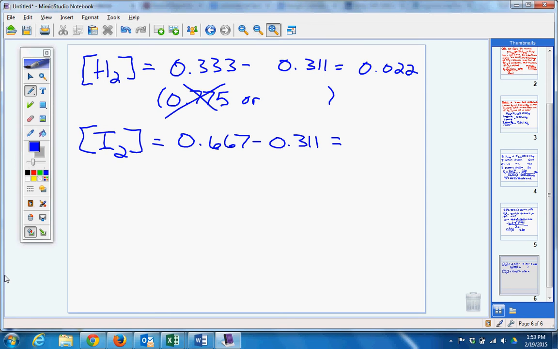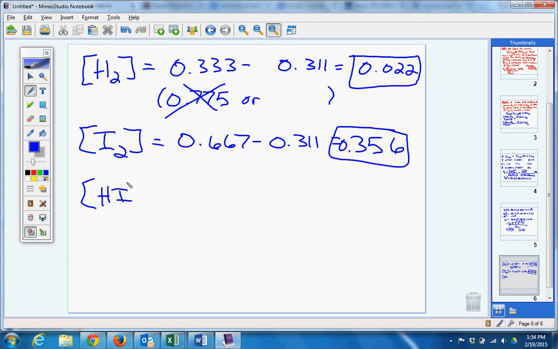We're not doing that. All right, when I do that, what do I get? I get a 6, I get a 5, and I get a 3. 0.356. Am I done? No. I have to do the concentration of HI, 2 times x, which equals 2 times.